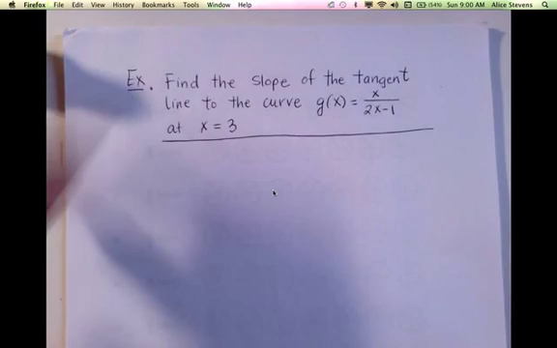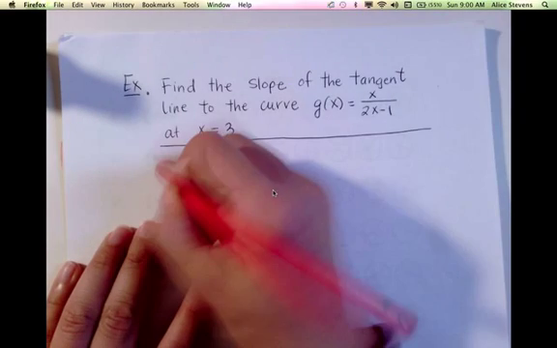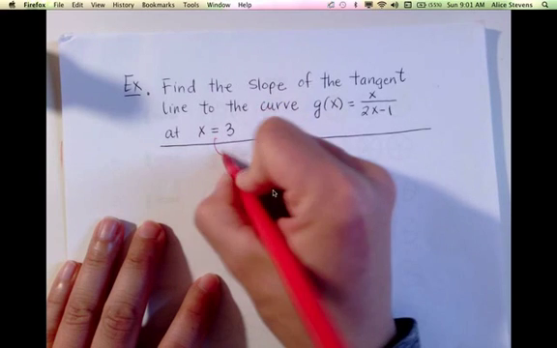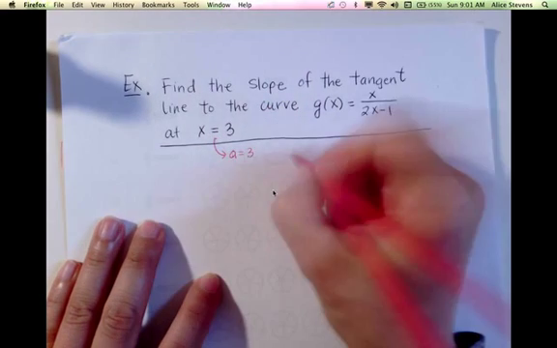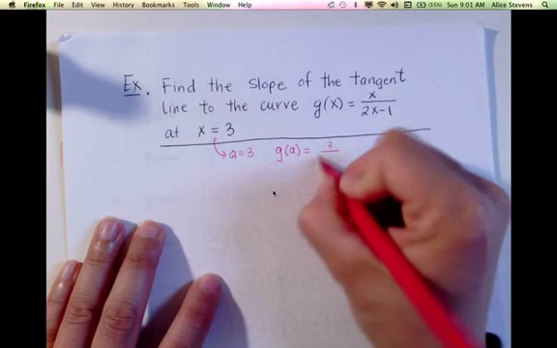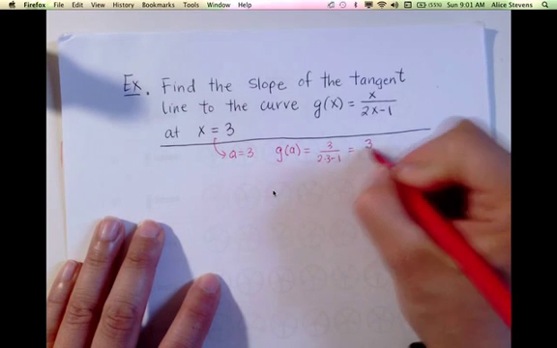Here it is. So in this case, a is equal to 3. I'm going to compute g of a, which is 3 over 2 times 3 minus 1, so that's 3/5.